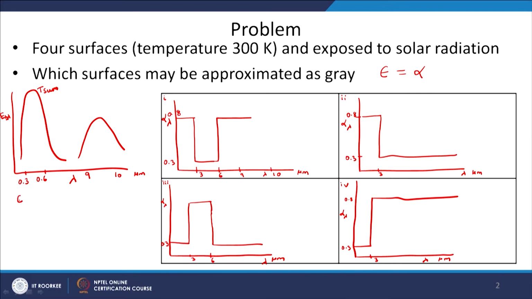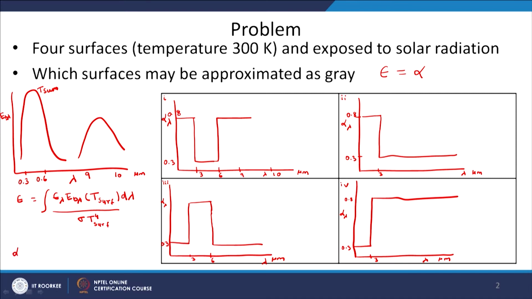We define emittance epsilon as the integral of epsilon lambda E b lambda at the surface temperature d lambda, over sigma T to the power 4, where T is the surface temperature.